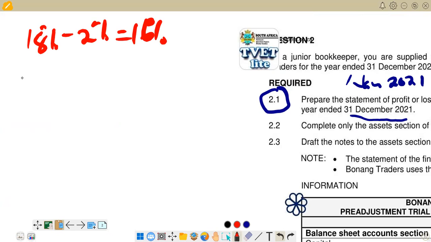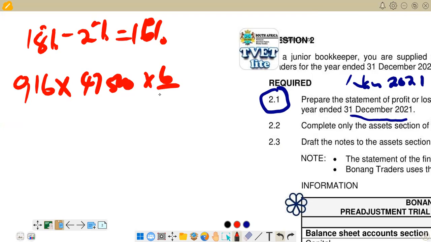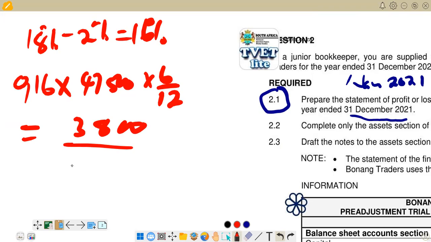We are saying now 0.16 times the figure for loan that we have, which is 47,500. And this was only for 6 months, so we multiply by 6/12 to get before it was increased. So you calculate that one. You're going to get 3,800. This is before interest was increased.